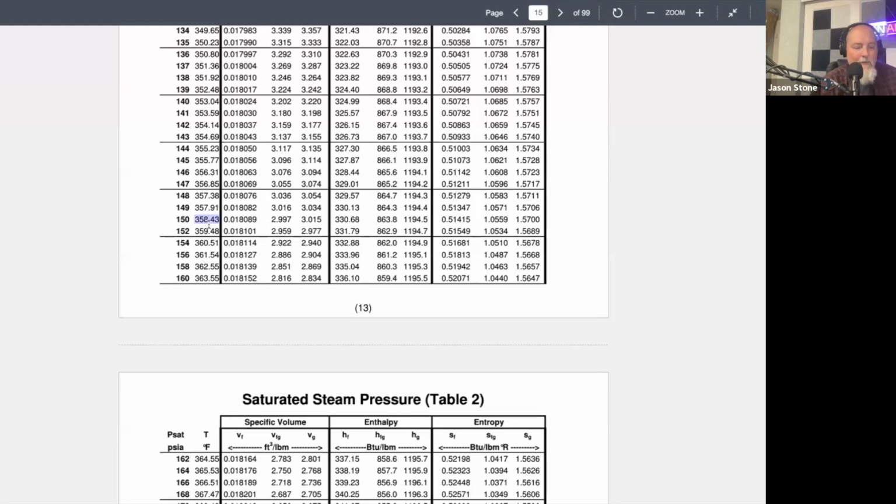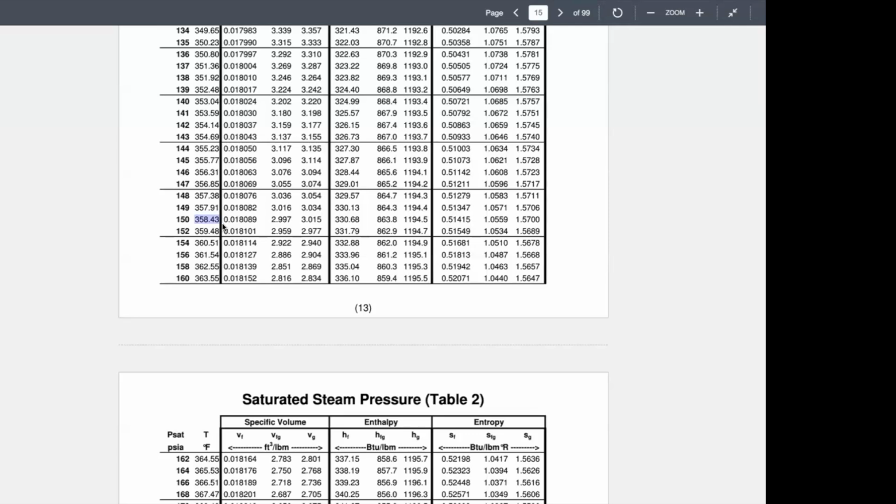So what's 500 minus 358.43? Okay, I got 141.57. Yep. That's how much superheat it has. That's how much temperature has been added to it after it was fully converted to steam, which is the definition of superheat.